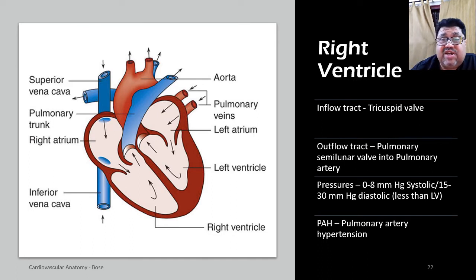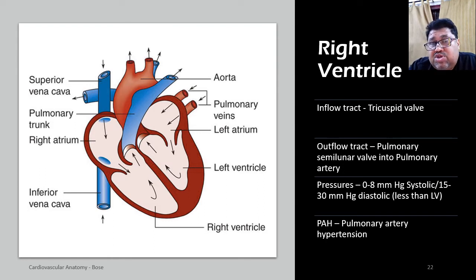The right ventricle, like the right atrium, may be considered in two parts: a posterior inferior inflow tract, which is termed the body, which contains the tricuspid valve, chordae tendineae, papillary muscles, and trabeculated myocardium.